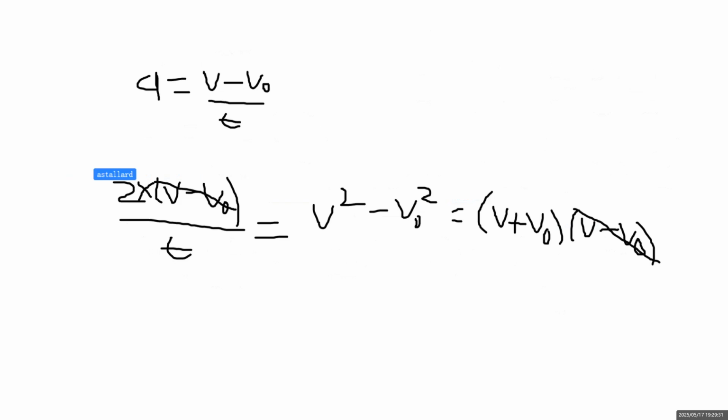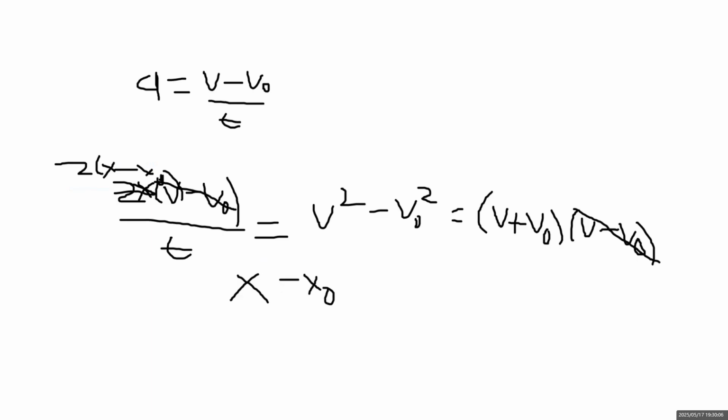So what we have is x minus, mistake here, this is x minus x naught from equation 4. t over 2 goes here, we have x naught.